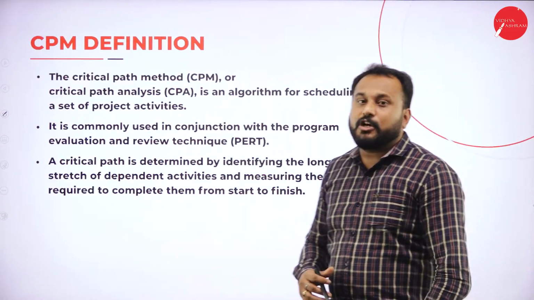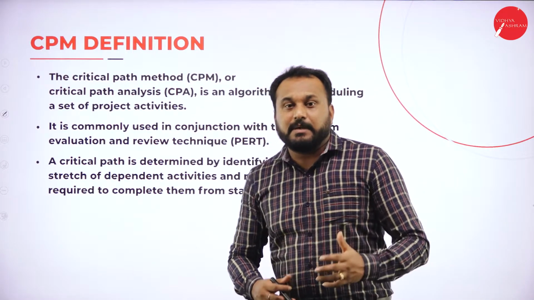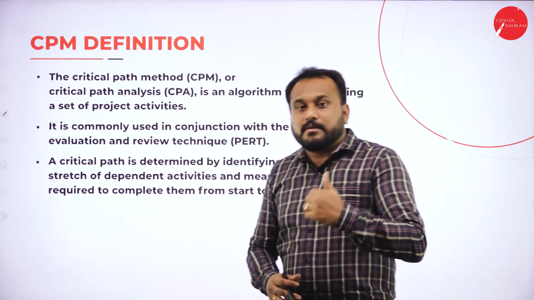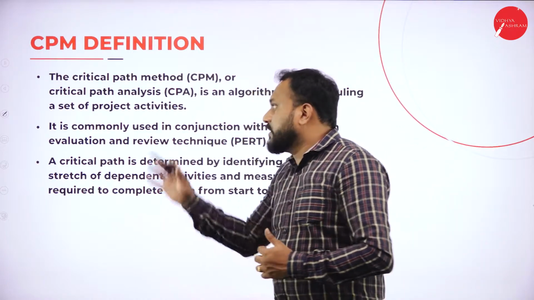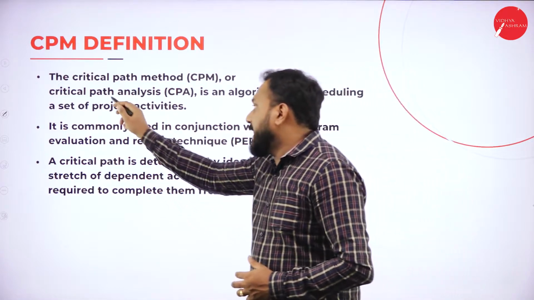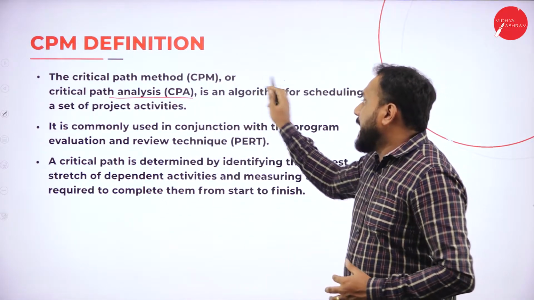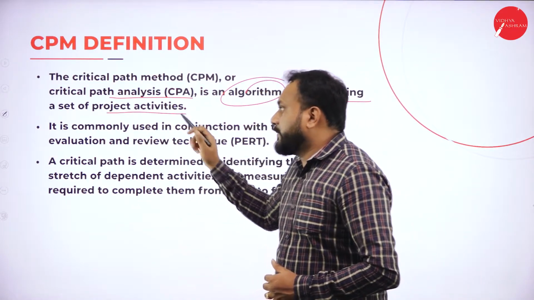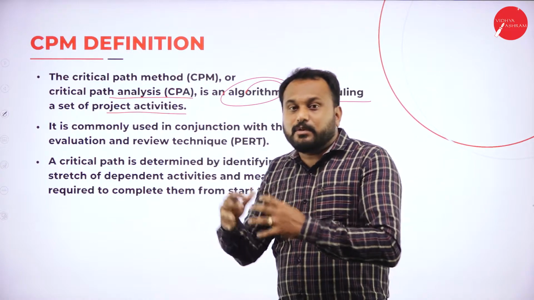Next we have something called CPM. And what is CPM? Critical Path Method. CPM stands for Critical Path Method. Here, the critical path method or critical path analysis, CPA, is an algorithm for scheduling a set of project activity. Just like PERT, you are supposed to schedule them.